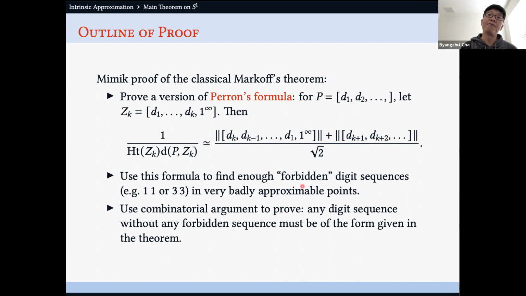And then after you find enough forbidden digit sequences, your combinatorics will tell you exactly what kind of combinatorial patterns are left for very badly approximable points. And that should give you the final step of the proof. So that's the very broad overview of our proof.